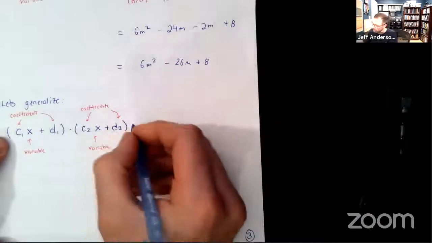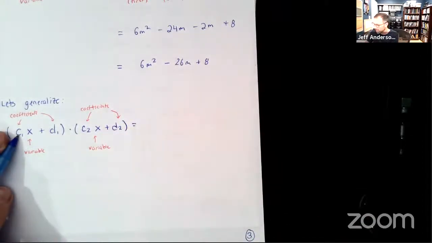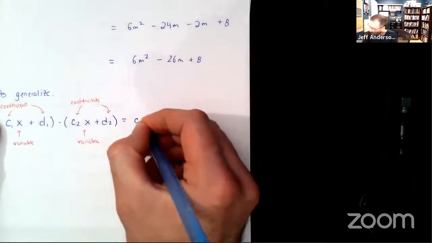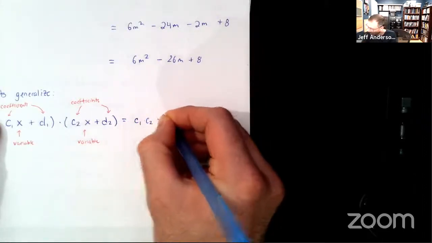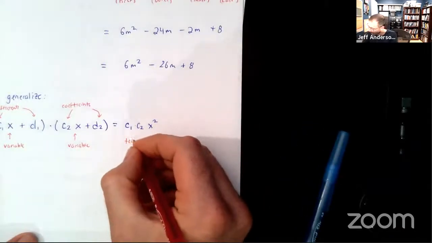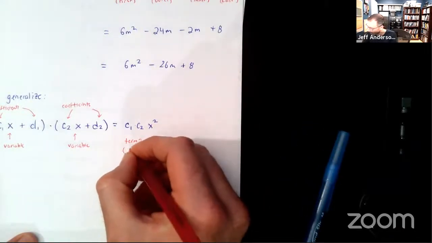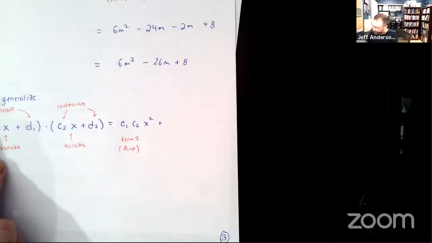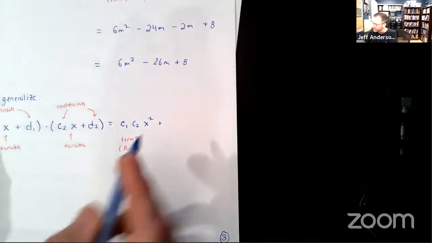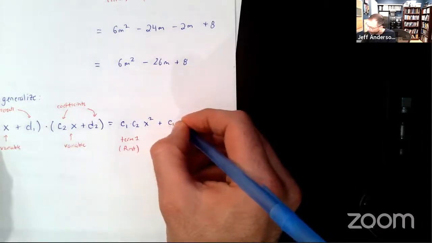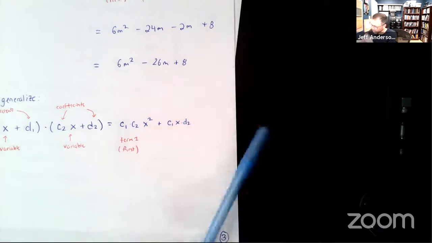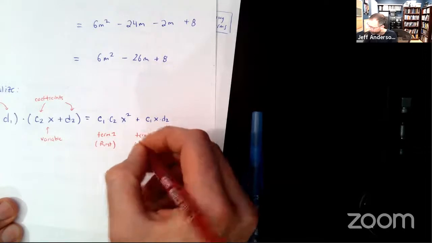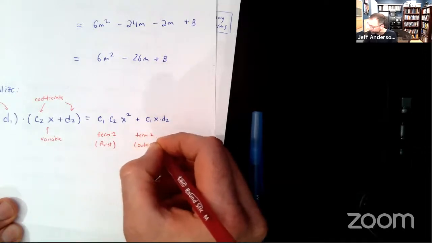Okay. So let's look at that same term. So what I'm going to do is C1x times C2x. So this is going to be C1 C2 x squared. That's term 1, which is what we call the first term. And then let's check this out. C1x times D2. That's going to be term 2, which is what we call the outer terms.